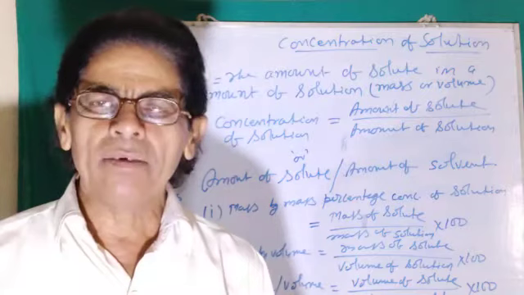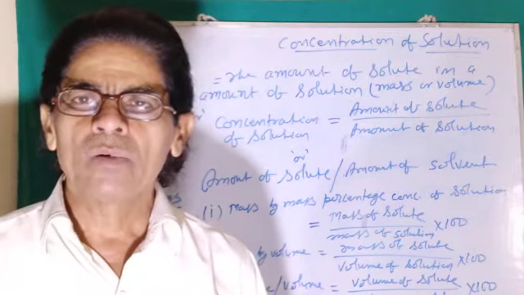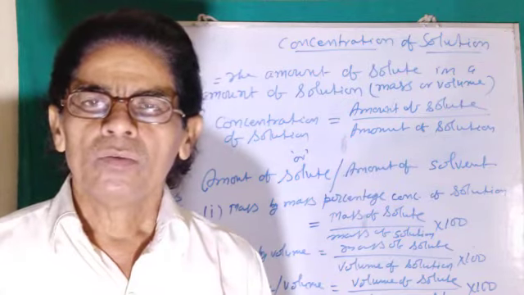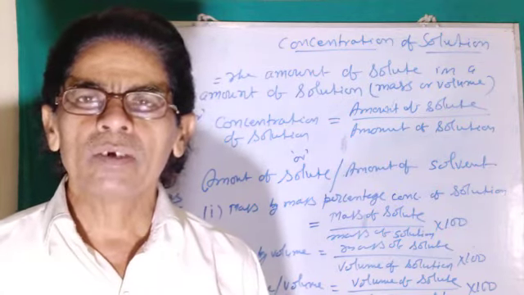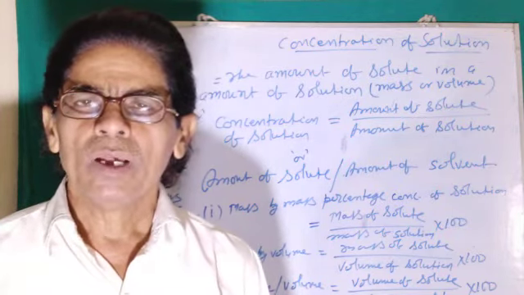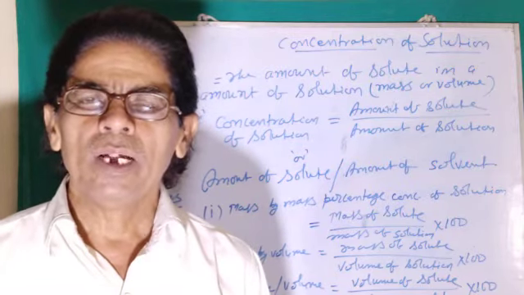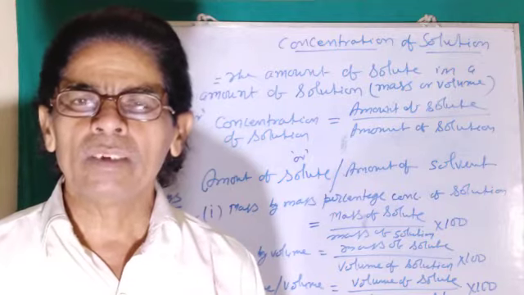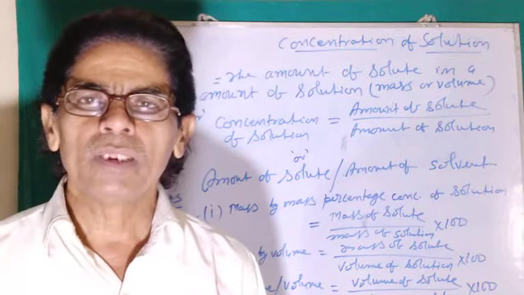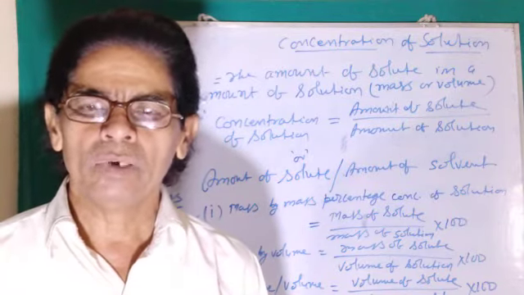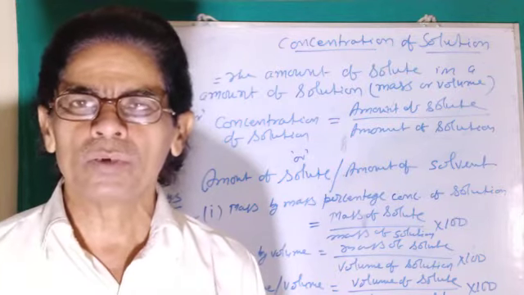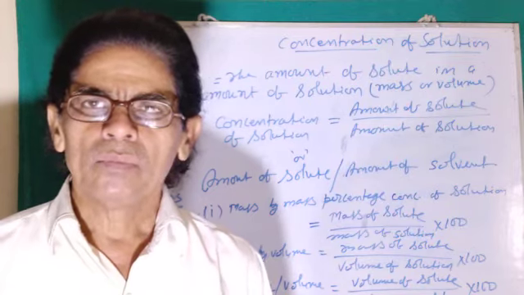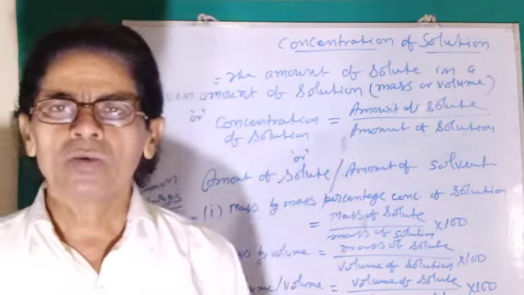When we add an excess amount of solute in a given solvent, we get a concentrated solution, and if a very little amount of solute is present in the solvent, then we say that it is a less concentrated or dilute solution. But this is not the actual strength of the solution.